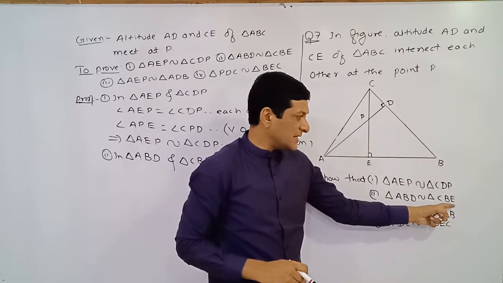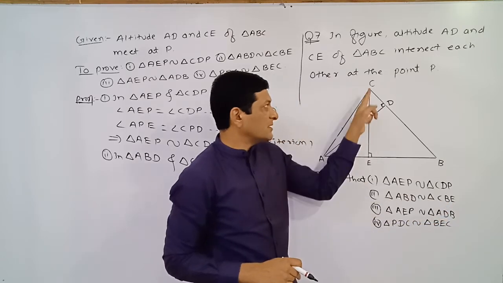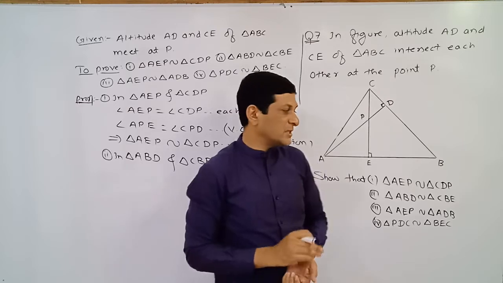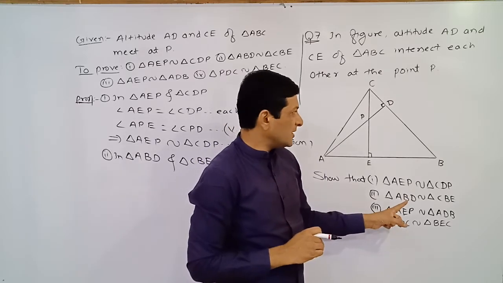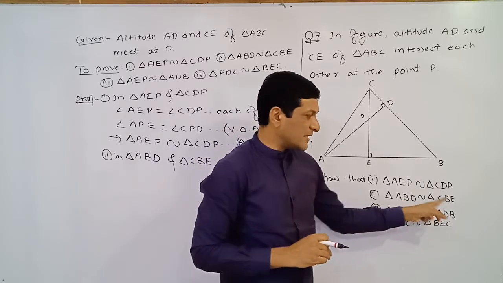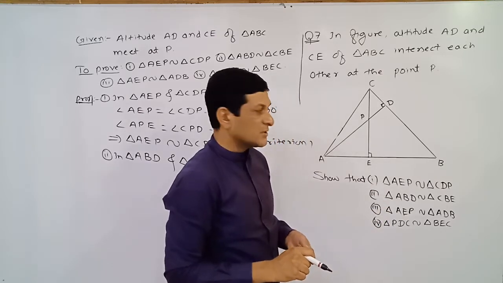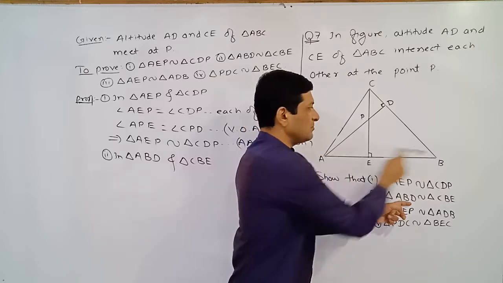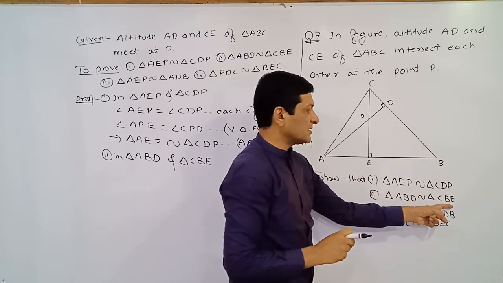If you observe these two triangles very carefully, one vertex is common. Which vertex? B. So we can say that B is the common angle.